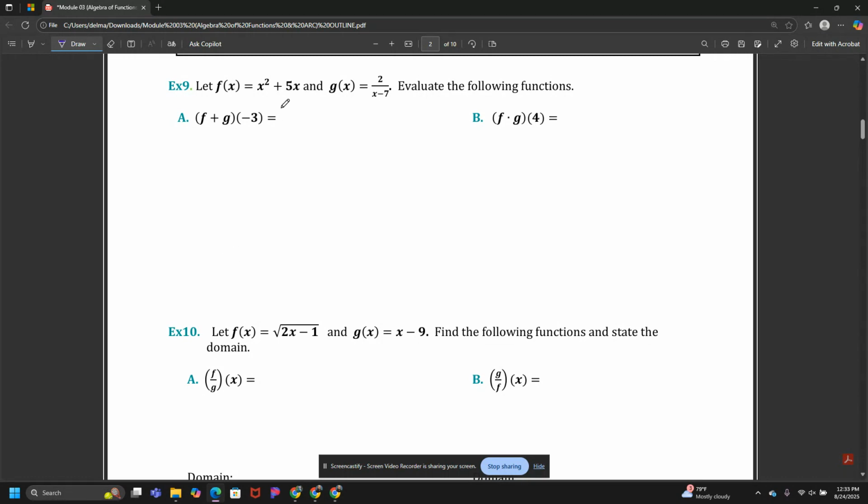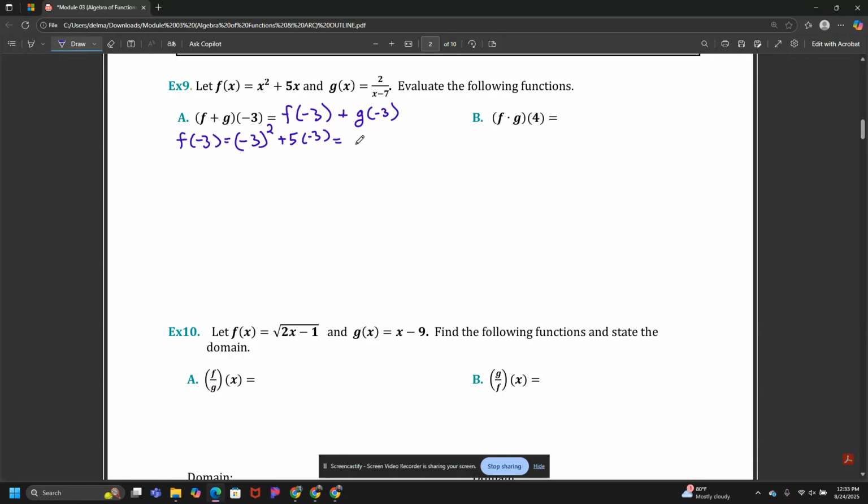So this is basically saying I've got f of negative 3 plus g of negative 3. Okay. So first let's find f of negative 3. So f of negative 3 is going to be negative 3 squared plus 5 times negative 3.